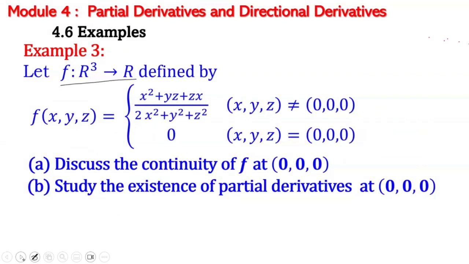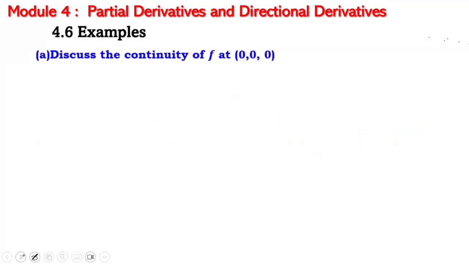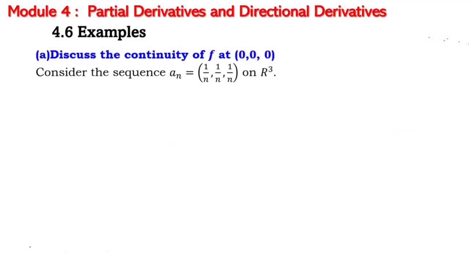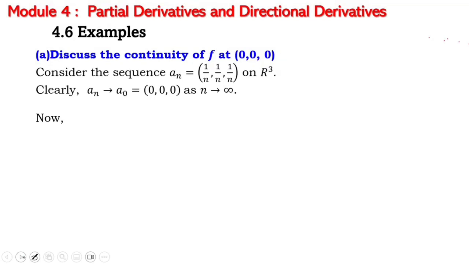So first we will discuss the continuity. Is it continuous or not? We take a sequence a_n = (1/n, 1/n, 1/n) on R3. Clearly a_n tends to a_0 = (0, 0, 0) as n tends to infinity, which is clear because 1/n tends to 0 when n tends to infinity.